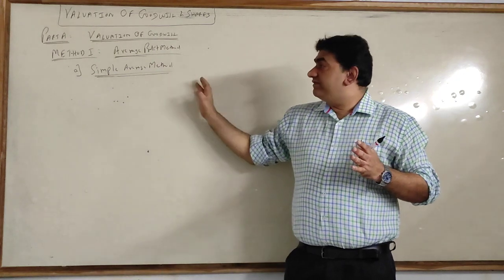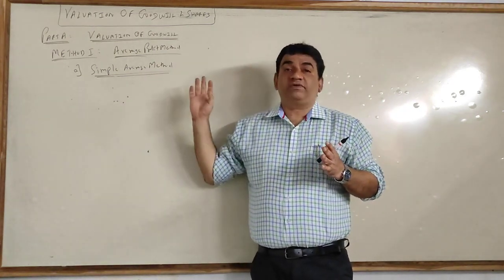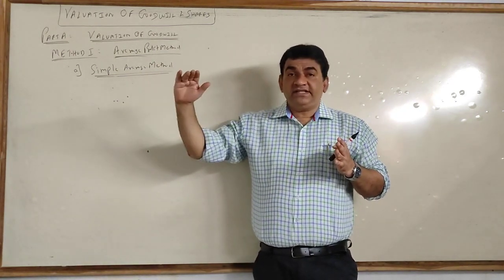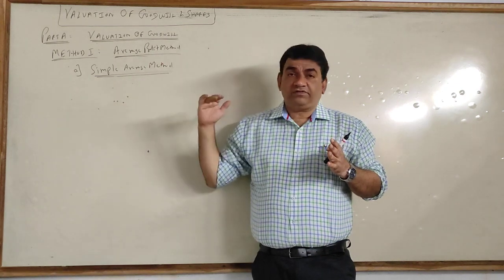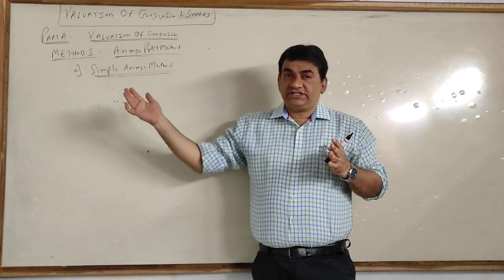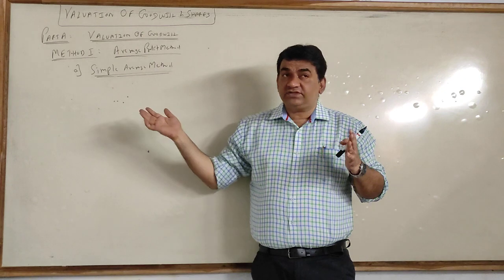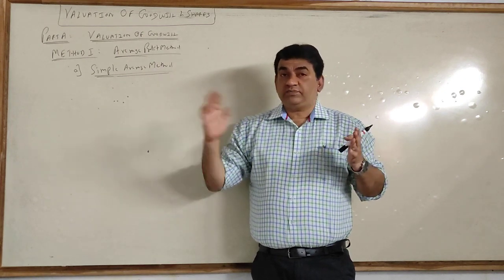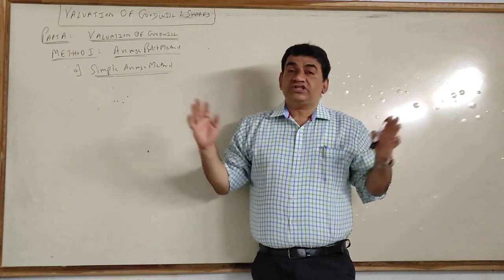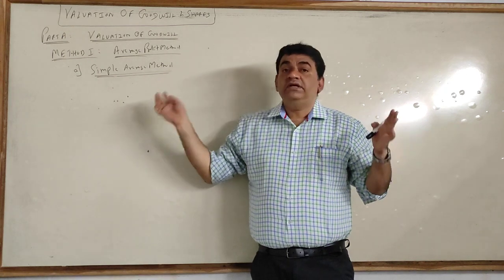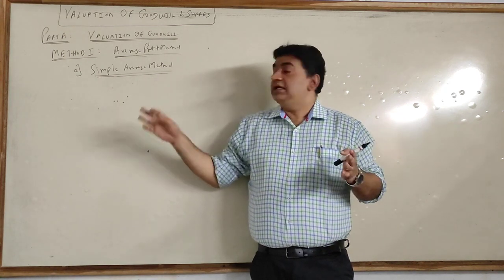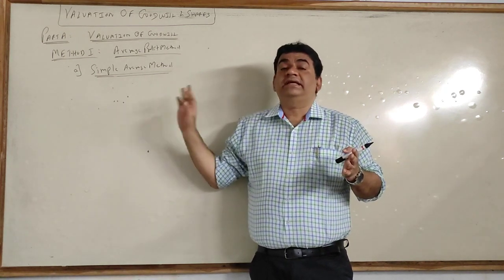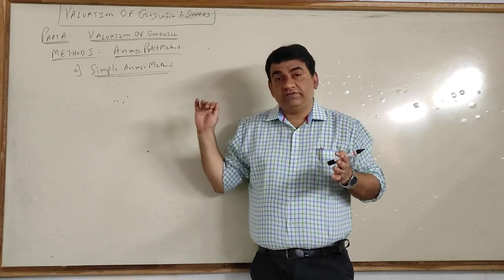In simple average, get your adjusted profits. Adjusted profit means they will give you the profits, and according to the adjustments, you get the revised profit or losses, take their average, and they will give you the number of years of purchase. According to that, you will calculate the value of goodwill.